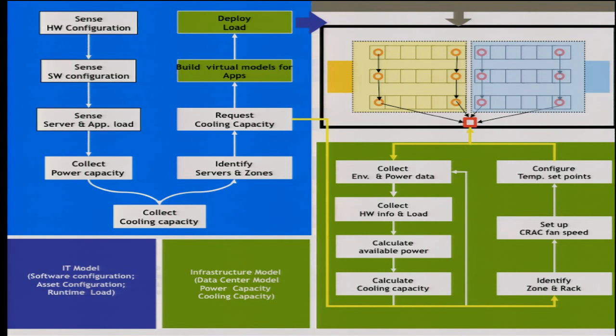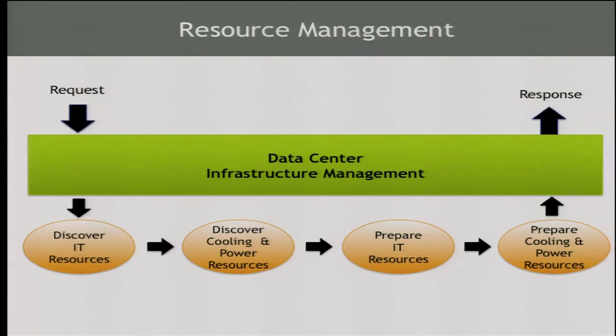So this is a fairly simplistic view, but the point I'm trying to make here is that what you need is some kind of infrastructure management system, something which continuously understands the environment, which understands where your resources are: cooling, power, IT, whatever resources you need.